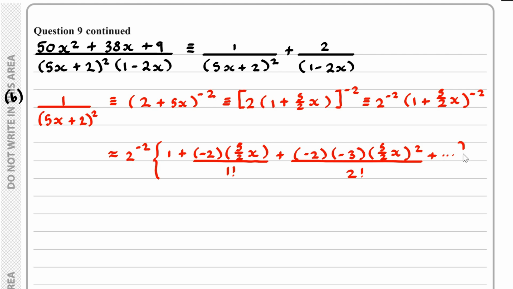We could continue on. And if we do continue on, well, 2 to the power of minus 2, that's 1 over 4.